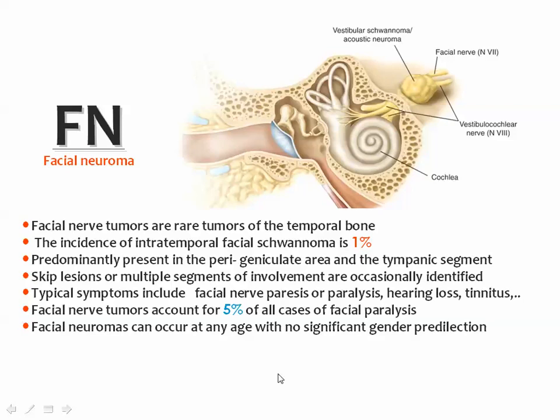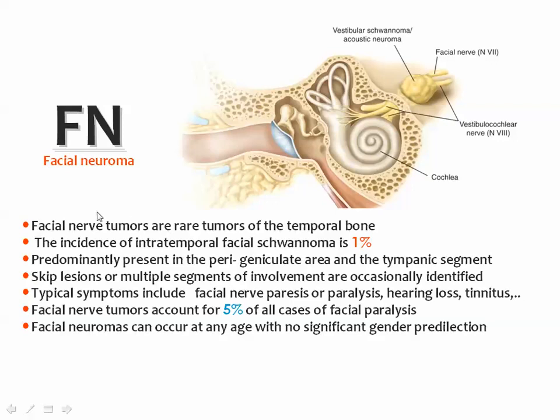Then we came to the facial neuroma, which is a tumor arising from the facial nerve. It may occur inside the internal auditory canal or along the course of the facial nerve. Facial neuromas are considered rare compared to the acoustic neuromas.